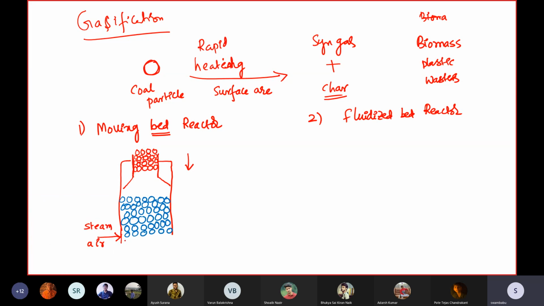Here we have a small mesh kind of thing, and through this mesh the unconverted char particles, very fine particles, will fall down, and whatever unconverted coal there is will go out.